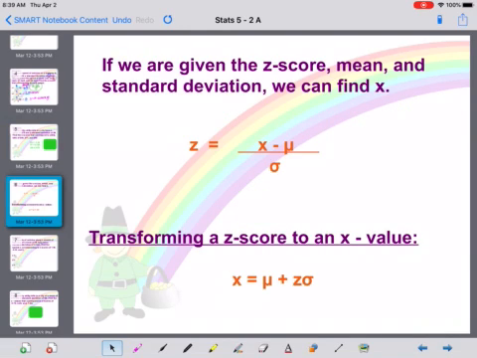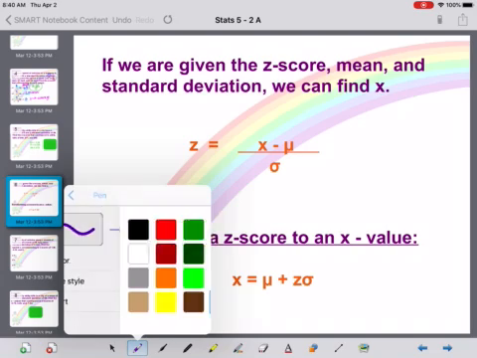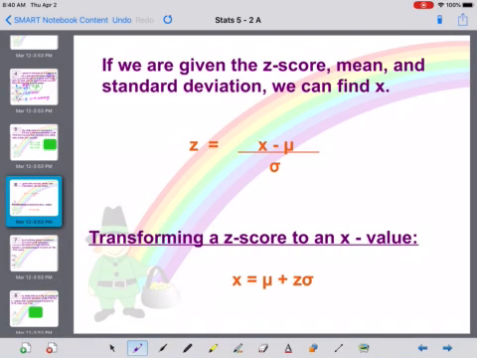We can also go backwards: if we know the z-score and we don't know the x value. So I'll manipulate the top equation for you to show you where the bottom one comes from. If I wanted to solve for x in this equation, just like basic algebra, you're going to get rid of the bottom first. So you multiply both sides by baby sigma to clear this fraction. That gives you z times baby sigma equals x minus mu.